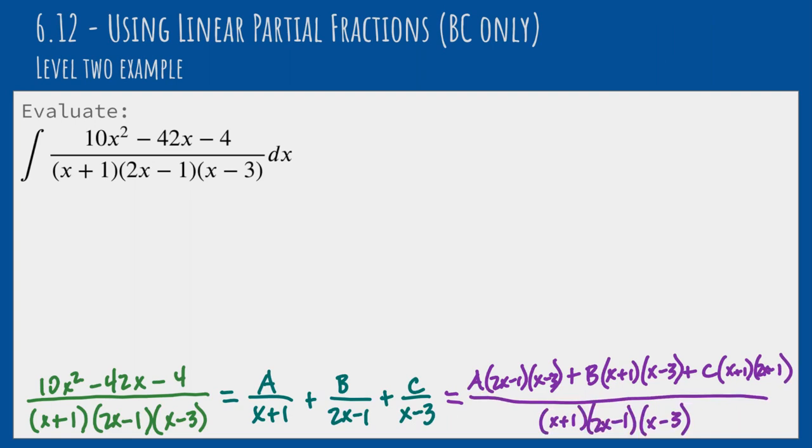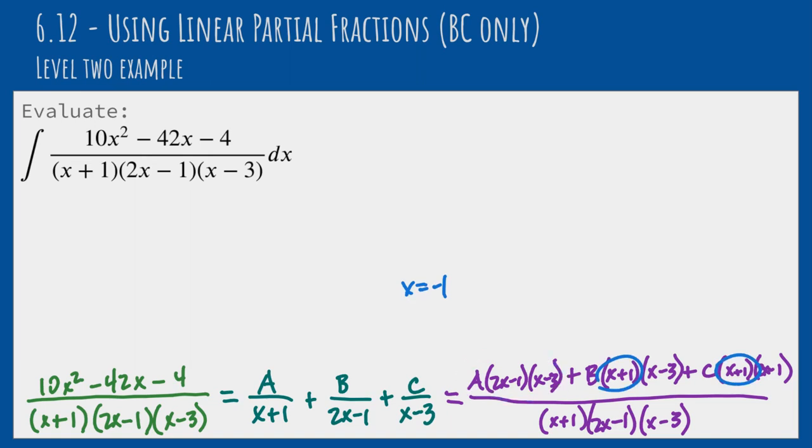Now, like we did with two fractions, we can do the same thing. We're going to make some choices for x here that are going to make these problems pretty convenient. So the first one I'm going to choose is x equals -1. So if x is equal to -1, we're going to get a 0 here and a 0 here, so the only term we're dealing with is this one.